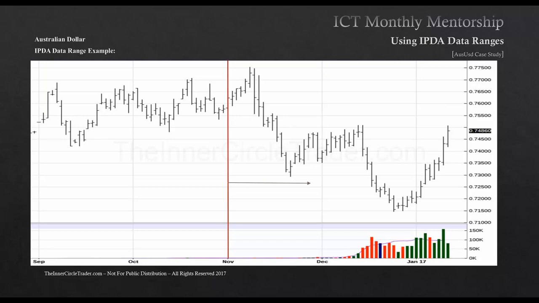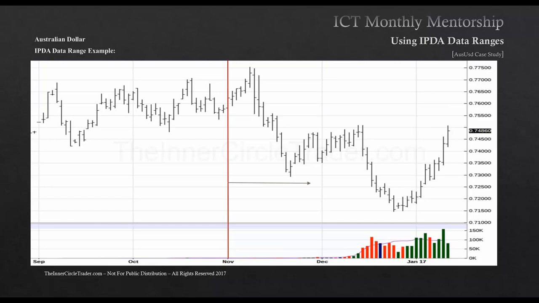Where are the buy stops in the last 60 days? Where are the fair value gaps? Where are the price gaps where price has not been efficiently delivered in the last 60 days? Where are the liquidity voids where price has only been delivered on the upside, where it has to come back down to efficiently deliver price and balance it out by going back down and closing in that range?